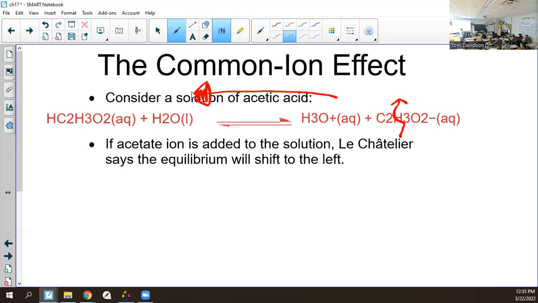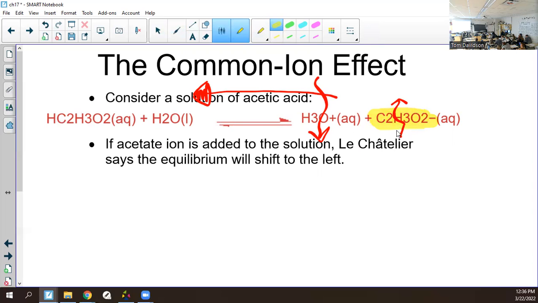What happens to H3O or H plus? It goes down, which means what happens to the pH? It goes up. Less H means higher pH. So we had an acid, and all we do is add a salt or a common ion.